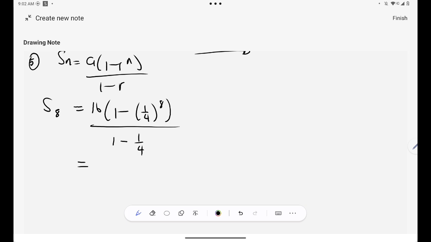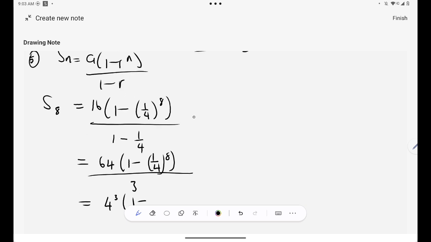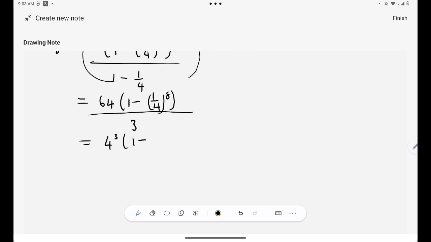Actually, I don't have a calculator, but I'll have 64. Mm, 4 minus 1 is 3 here. 64 is 4 cubed. Guys, when you are here, just punch your calculator. I don't have one, so I'm trying to do this without a calculator.